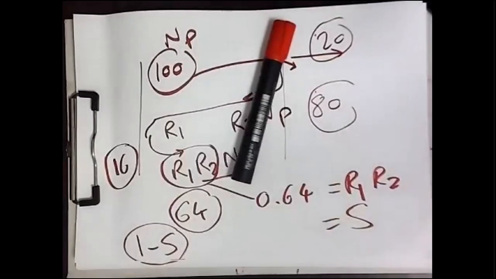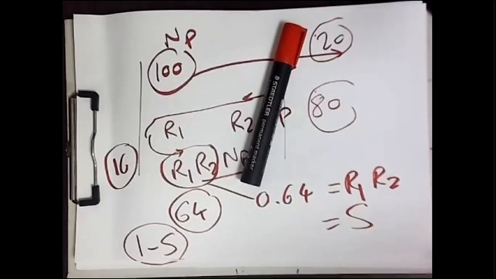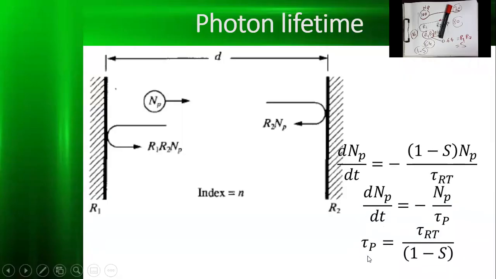Okay, let me now return back to my presentation slides. And these are the equations for the photon lifetime as we demonstrated together. Let's end this lecture with a very interesting slide.